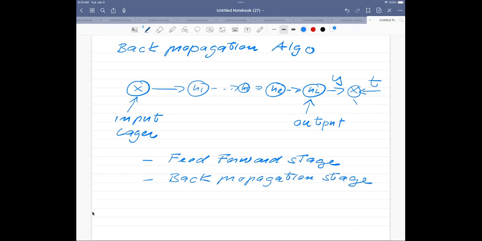So in the feed forward stage, when you initialize the network, you would have some initial values for the unknown parameters, these W's and these B's. Then you would send all the parameters through the network and produce an output. Then, when you produce the output, you compare that output with a target value.